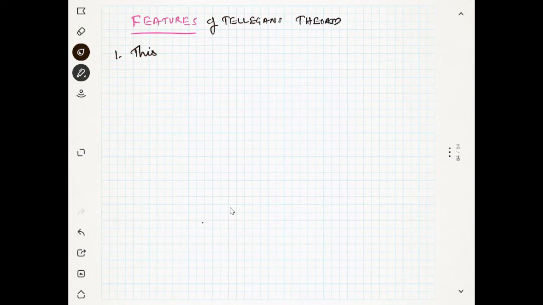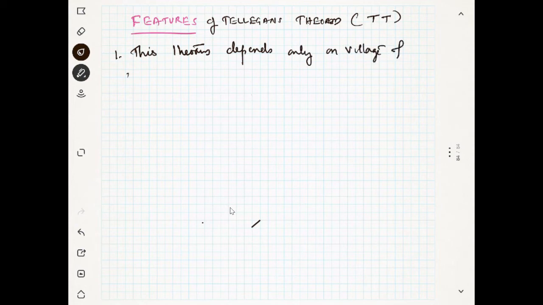I will use just TT for Tellegen's theorem. I don't want to write the entire thing again and again. So the theorem depends only on voltage and current.